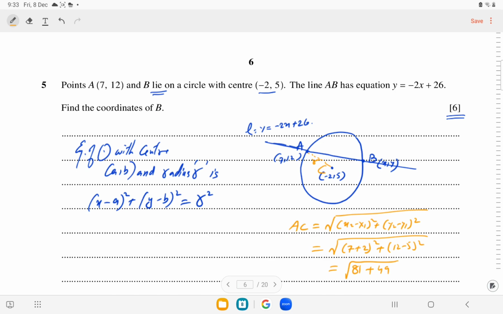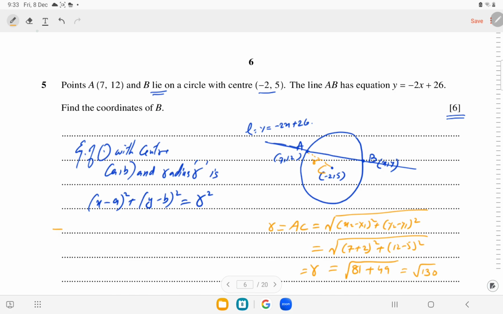Square root of 81 plus 49 is square root of 130. So this is what AC represents, the radius of the circle.